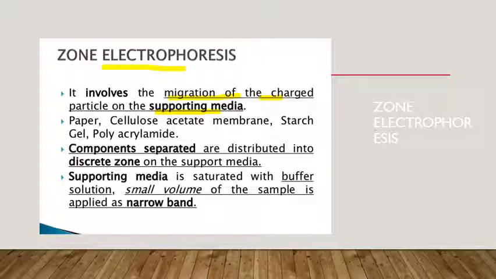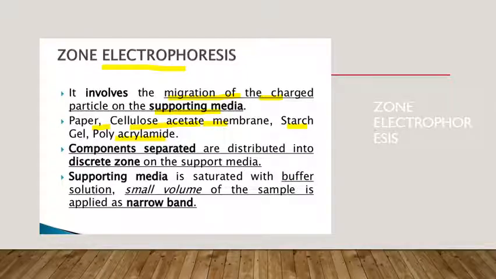is used to separate out the ionic molecules from the sample, and they get absorbed over this medium, and it is easy to visualize the molecules which are separated. The supporting media used to separate out the molecules in zone electrophoresis are paper, cellulose acetate membrane, starch gel, polyacrylamide, and agarose gel.